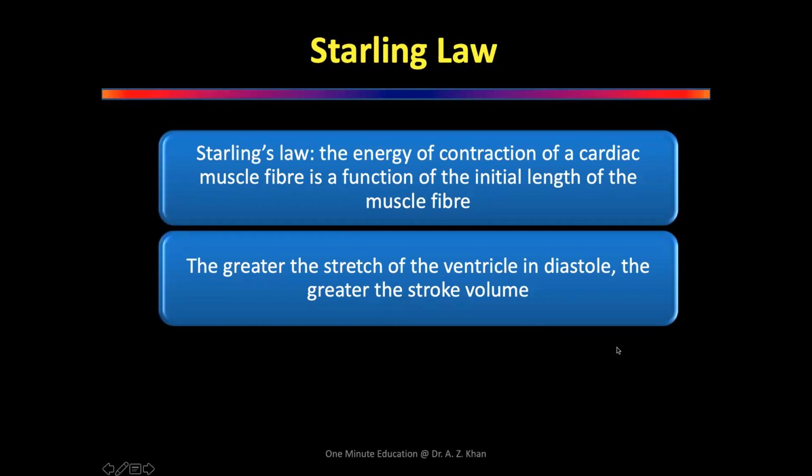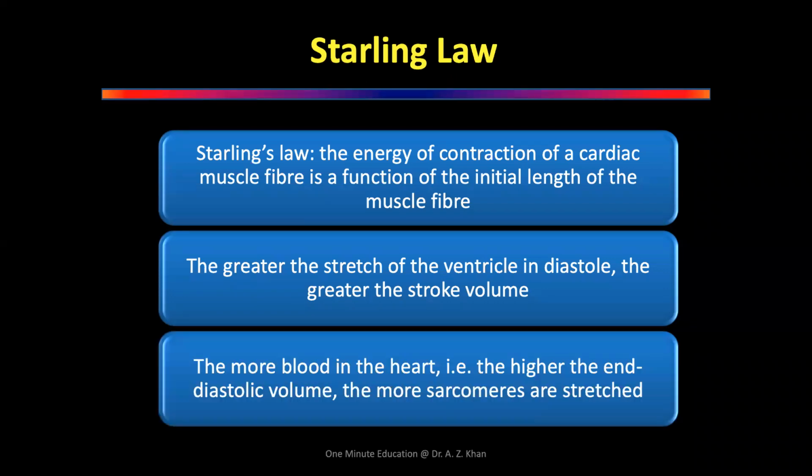The greater the stretch of the ventricle in diastole, the greater will be the stroke volume. So the initial length matters, and when you stretch it, there comes a point beyond which it cannot go; the maximum point of Starling's law will give you a very good contraction. Stroke volume means the amount of blood which is coming out.